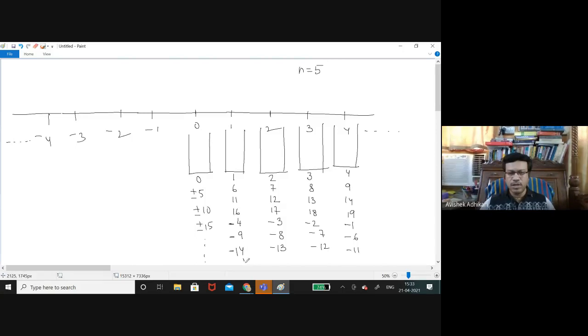Okay, so there are plenty of such elements. So now what I understand is that each of these buckets contains infinitely many elements, but the number of buckets is 5. So 1, 2, 3, 4, and 5.